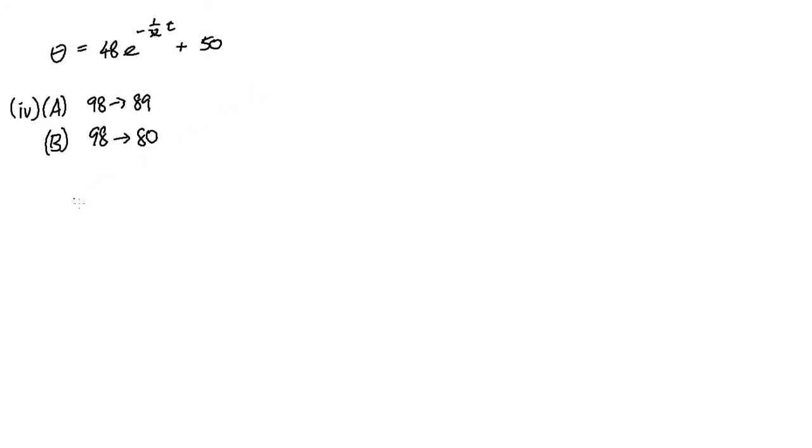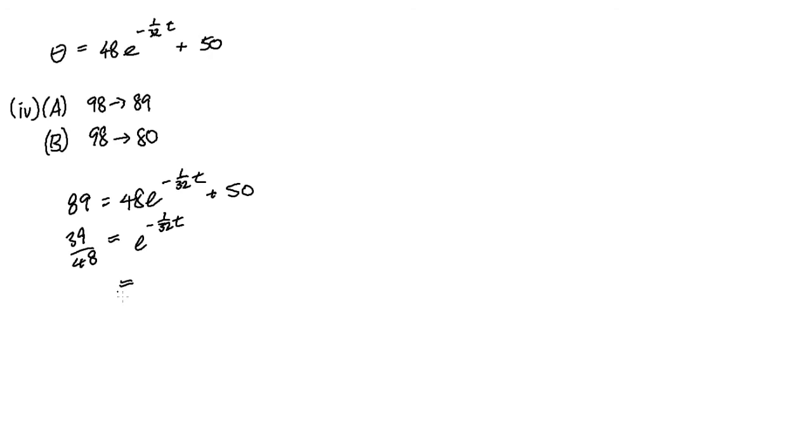So 89 is equal to 48 e to the minus 1 over 32 t plus 50, and that gives you 39 over 48 equals e to the minus 1 over 32 t. I skipped one step because I just did it in my brain.